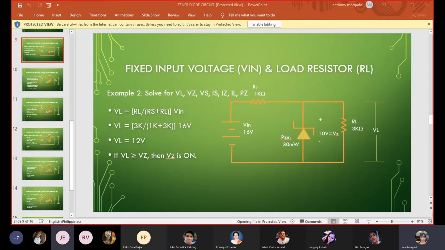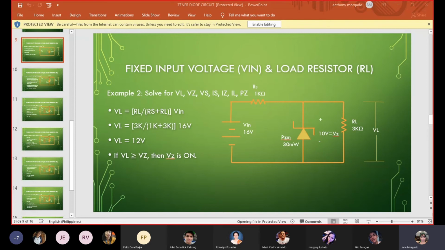On po. On na siya kasi ang na-measure natin across RL, RL would have a voltage as much as 12 volts. Whereas ang requirement lang ni Zener ay 10 volts. So, since VL here is greater than VZ, then Zener is on.